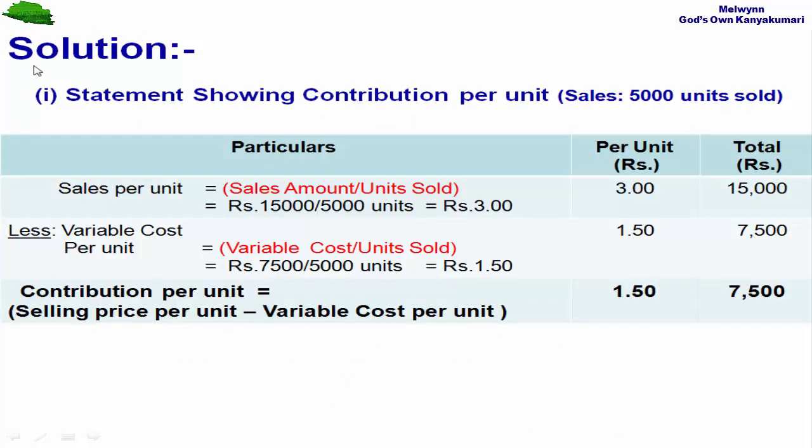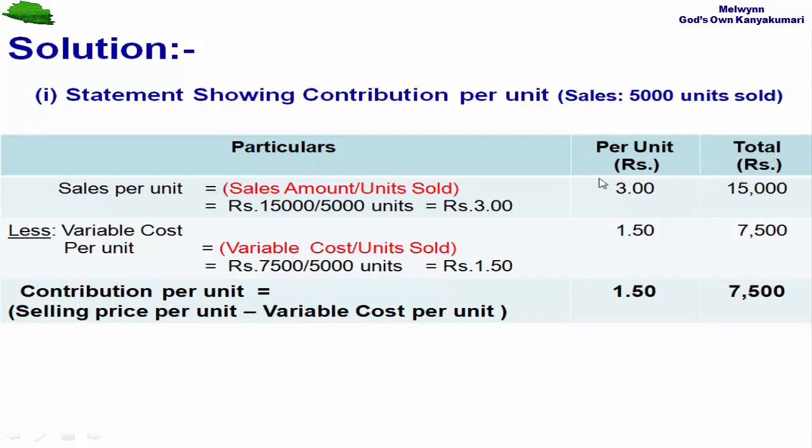Then solution. First we have to prepare statement showing contribution per unit. In this, sales 5,000 units sold. Then the table, first column particulars, second column per unit rupees, third column total rupees.